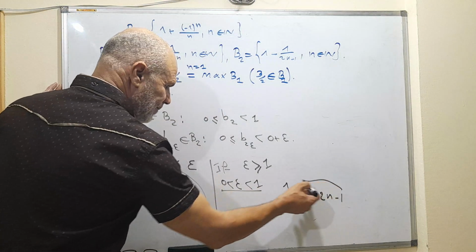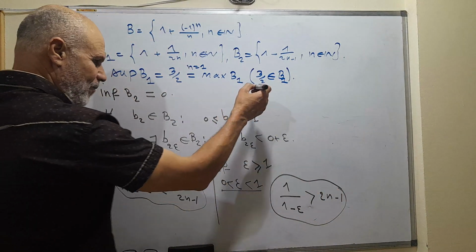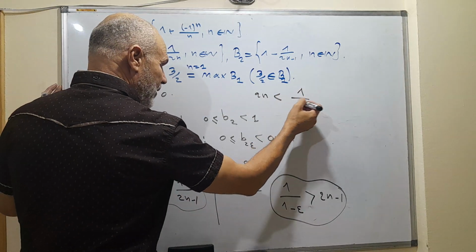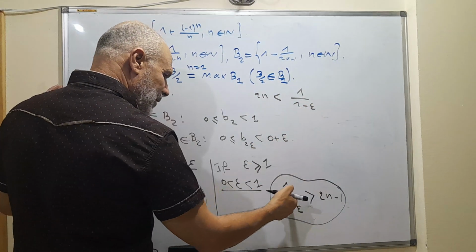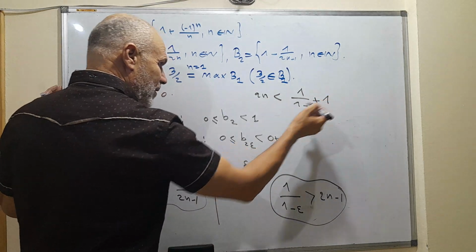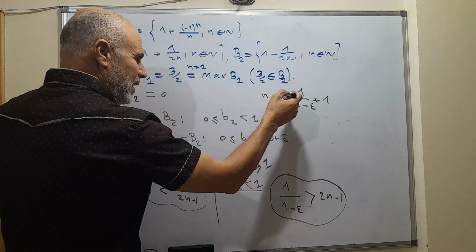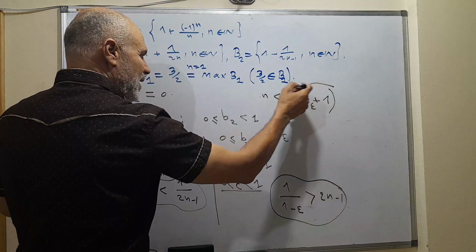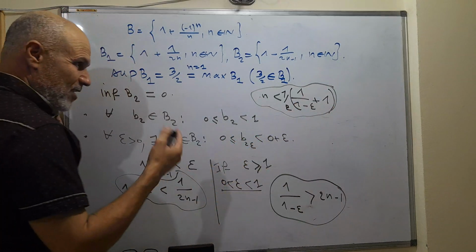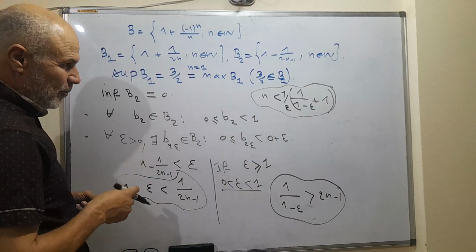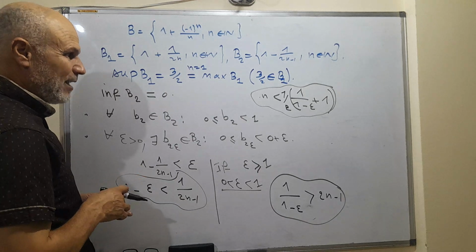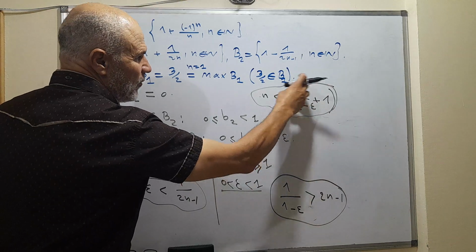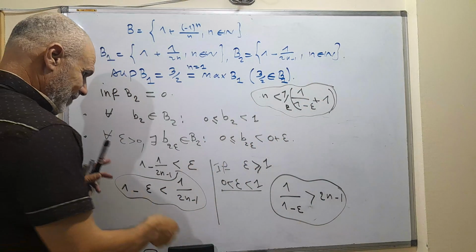So 2n is less than 1 over 1 minus epsilon plus 1. So n is less than 1/2 of this quantity. Does such an n exist? To confirm this, we need to evaluate the interval of this quantity.